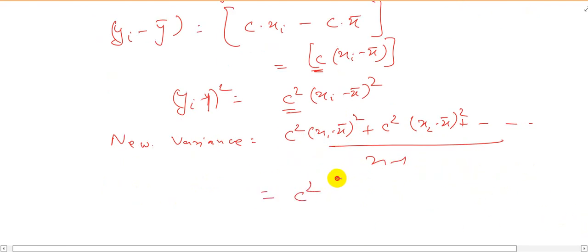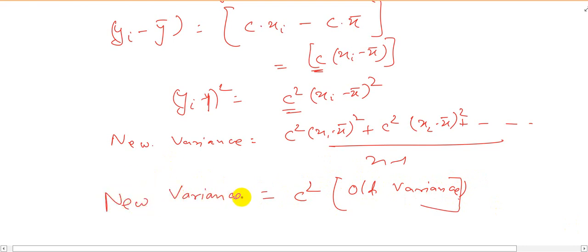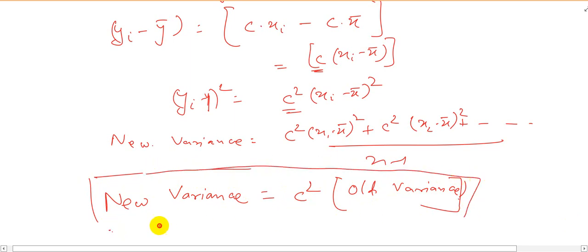We can take c square as common and we are left with the old variance, right? So this is the thing which should be committed to memory: the new variance is equal to c square times the old variance.